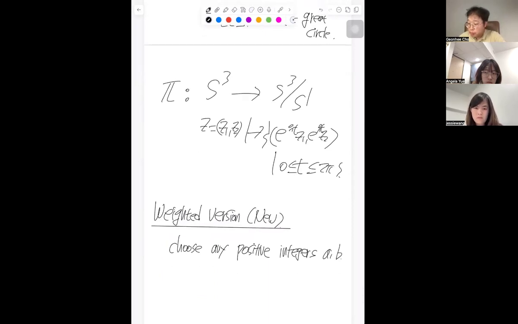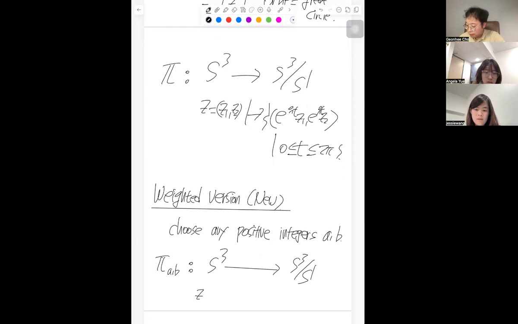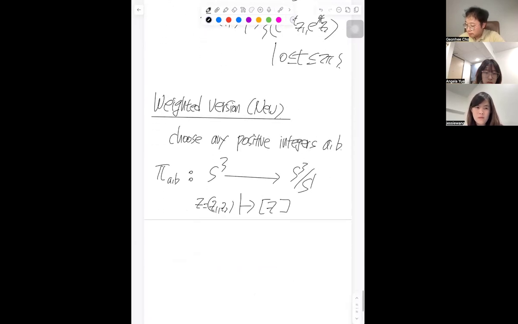Then we change the map depending on this a and b from S3 to this guy. Still the same, but if you have this guy, then what you know is this one is now changed in the following way.